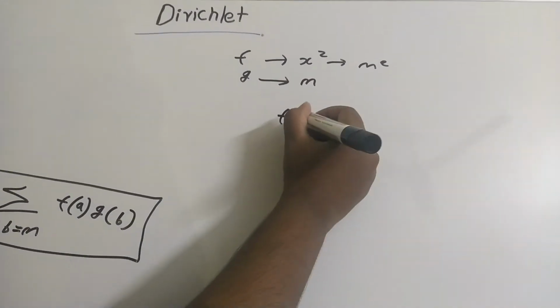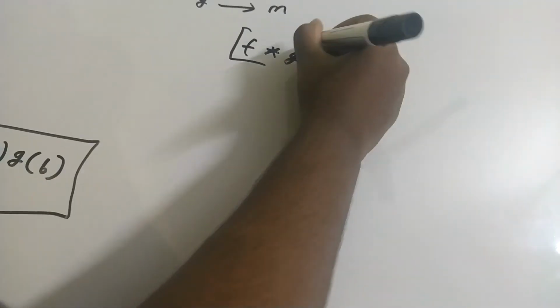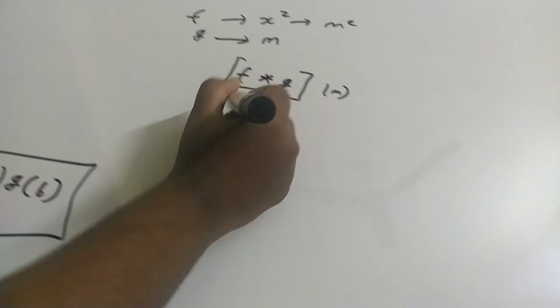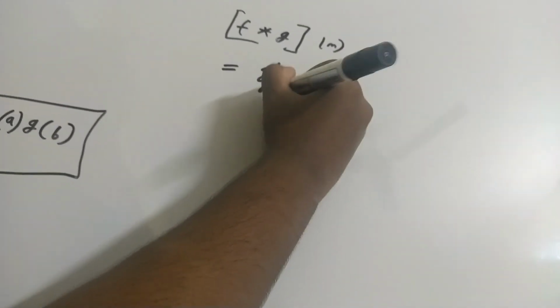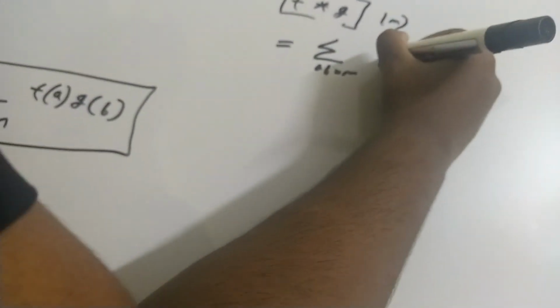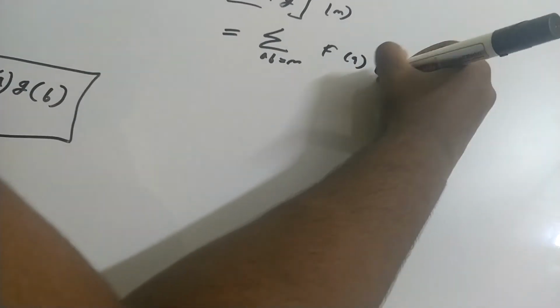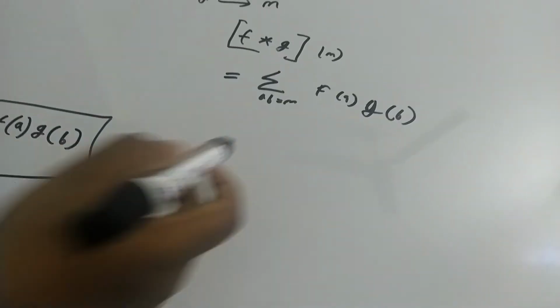So f convoluted by g is a function of n, and this function is equal to sigma over a b equals n of f of a times g of b, taking pairs.